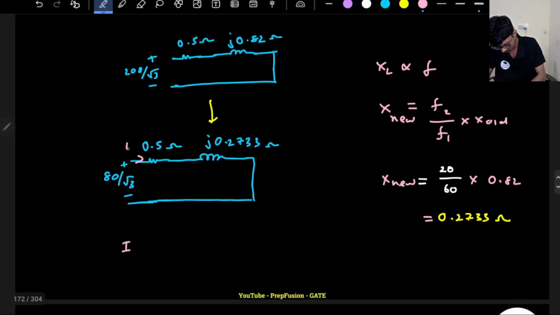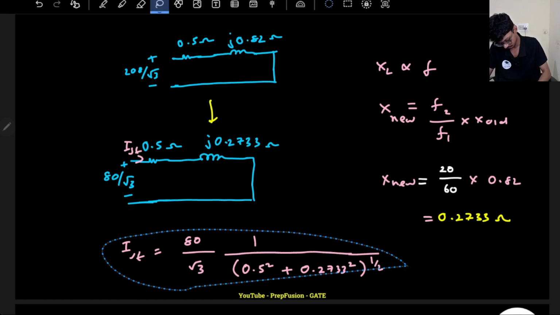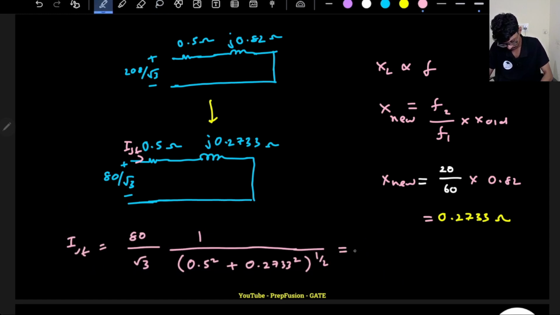I starting will be equals to 80 divided by root 3, 1 divided by whole under root 0.5 whole square plus 0.2733 whole square whole under root, into root 3 into 80.